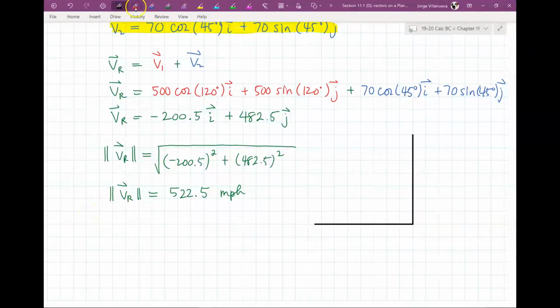So I do know the resultant force of the plane, right? That's, let me not do the little arrow. That's 522.5. Now that comes from the x and y components of a, you could say negative 200.5 and a 482.5.